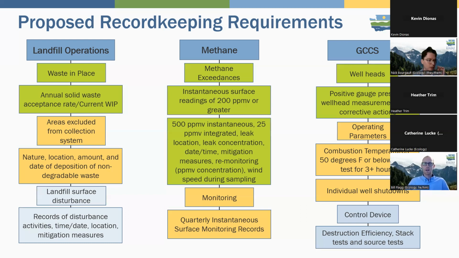Bill, I see that Marnie has commented in the chat. I'm just going to read that out loud, which is, will you be requiring sampling during time when barometric pressure is trending stable to falling? Great, thanks for your question, Marnie. Once again, I'm going to pass that one off to technical staff here who can maybe help me out with this.